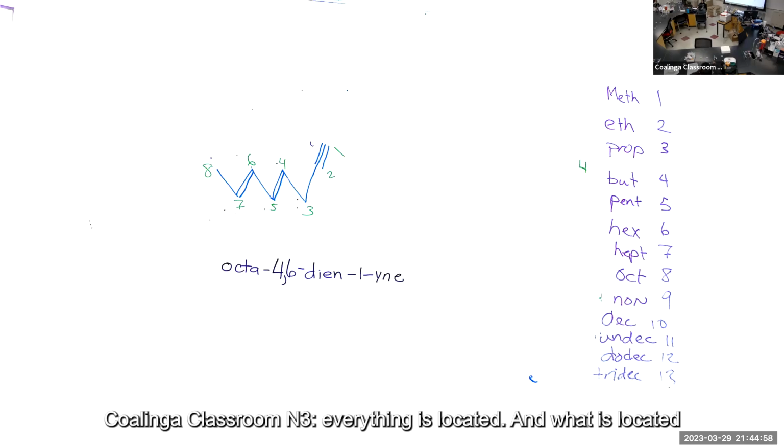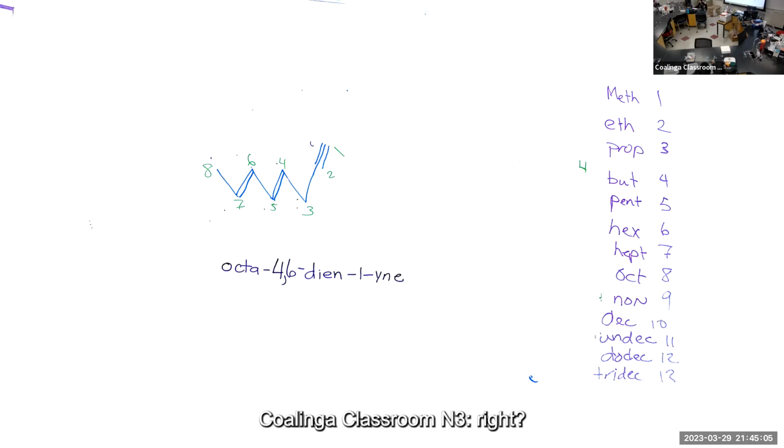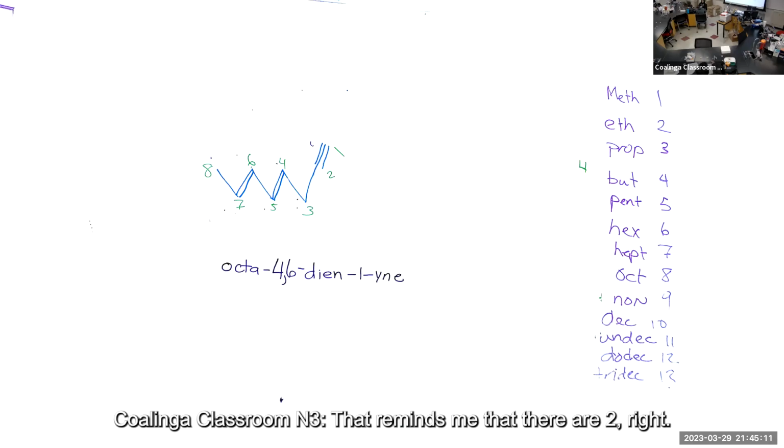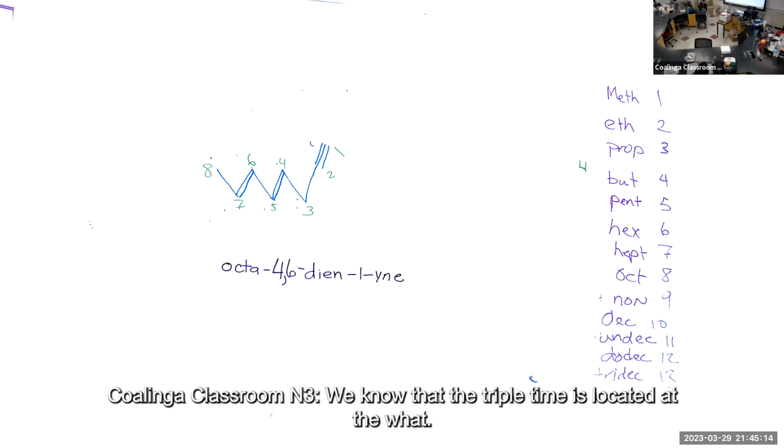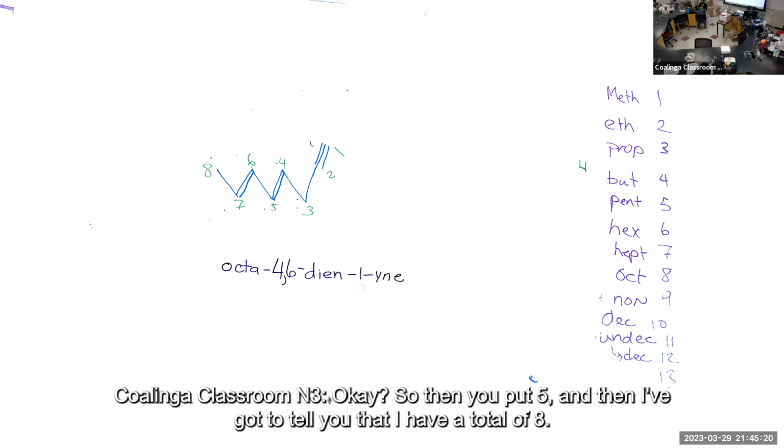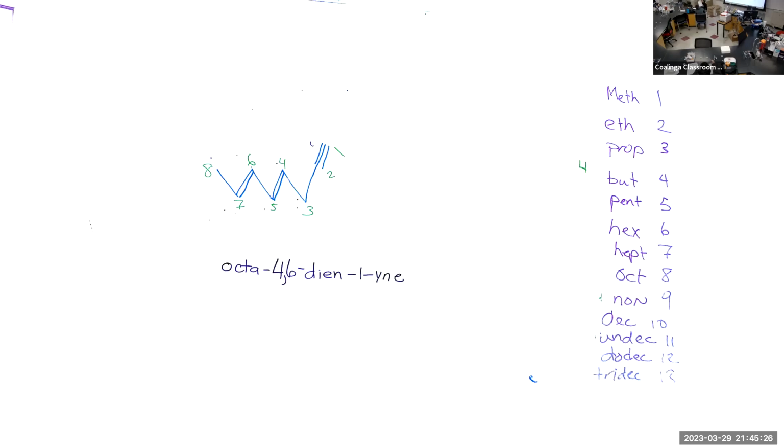So this way you're telling me where everything is located and what it's located with, right? There were 4 and 6 where we had the double bonds, and there were 2 of them, which reminds me that there are 2. We know that the triple bond is located at carbon 1, so then we put yne. And then octa tells me that I have a total of 8 carbons altogether. Yes.